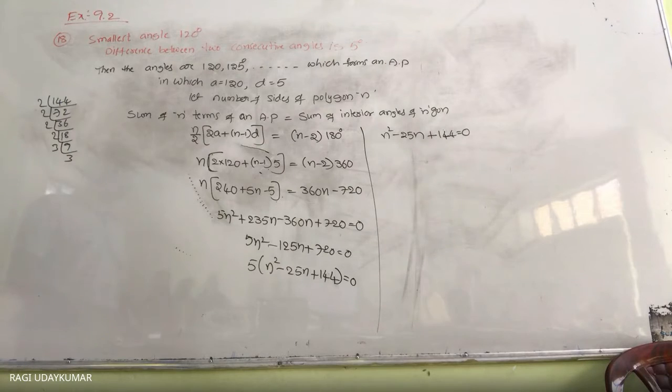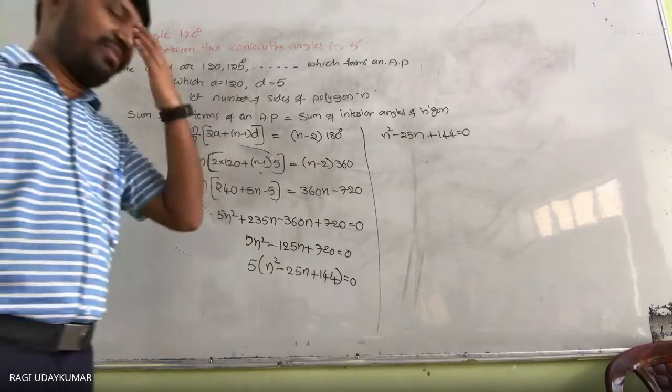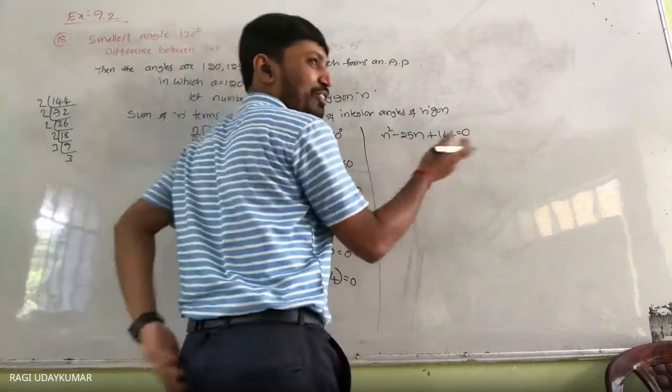We need to get the 25, na. Yes, 16 plus 9. अरे, 144, we need to remember that 9 16s 144 है ना.